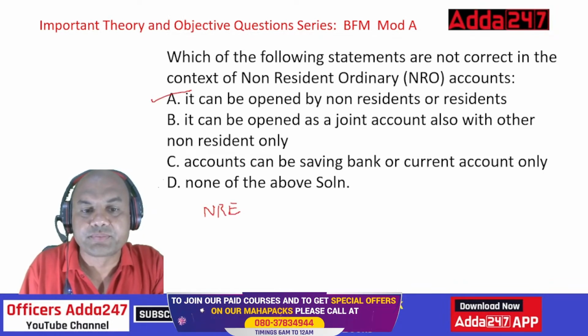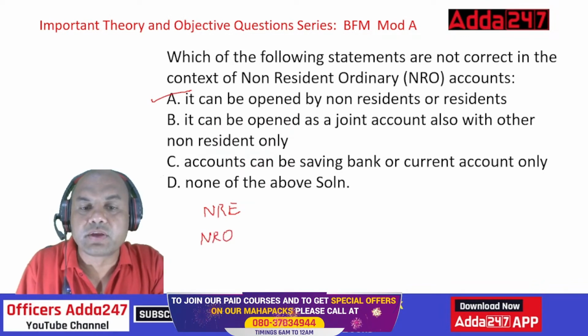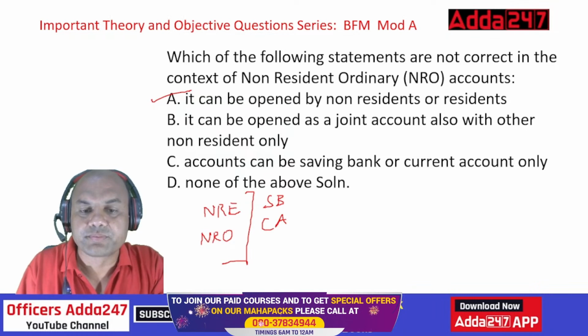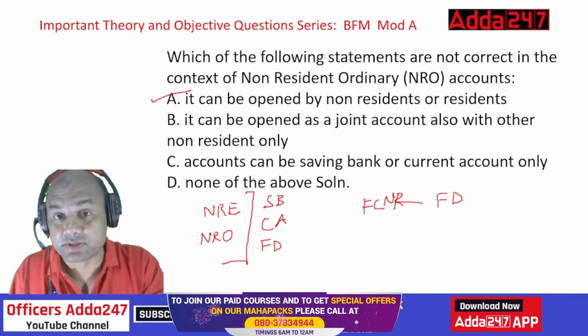It was A. In NRE, NRO, we have all the three: saving, current, FD. And in FCNR, we have only FD. So that is the difference.